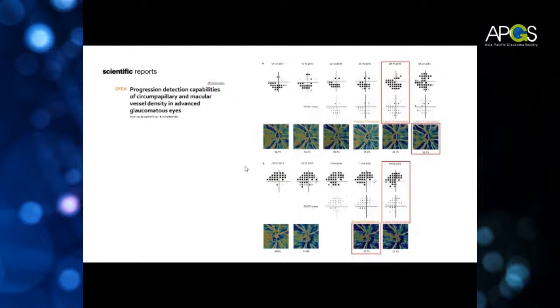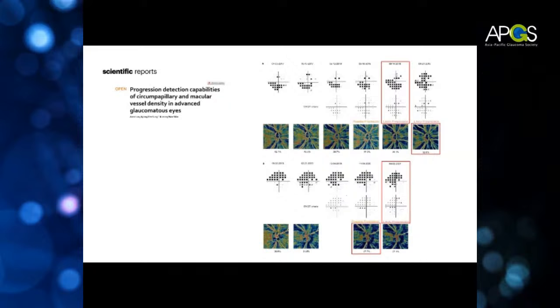What about advanced cases? We investigated the progression detection capabilities of circumpapillary and macular vessel density in advanced primary open-angle glaucoma cases. Using the rate of change in vessel density, we adopted variability limits derived from healthy eyes, so using event-based analysis.